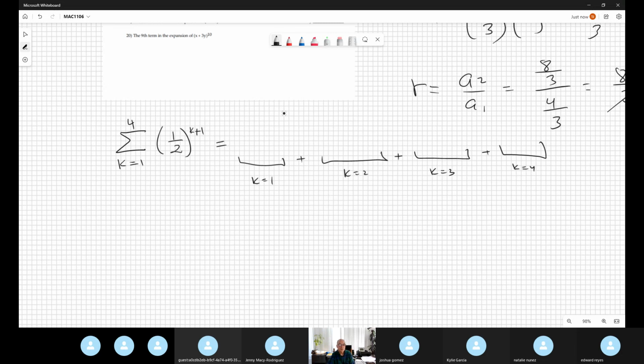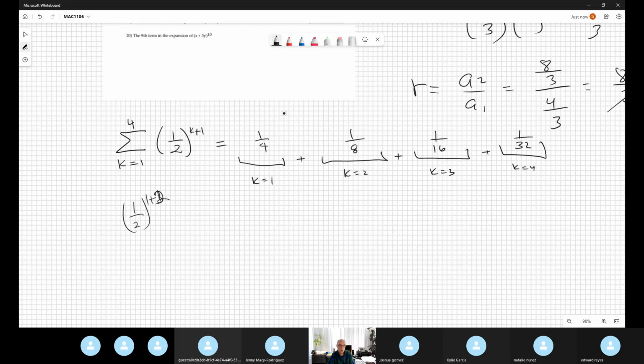For k equals 1, you plug in 1 here, it is 1/4, because 1/2 raised to the 1 plus 1, and 1 plus 1 is 2, it's a square, 1/4. k2 is 2 here, 2 plus 1 is 3, so 1/8. k3 is 3 here, 1/16, and 4 is 5th, 1/32.